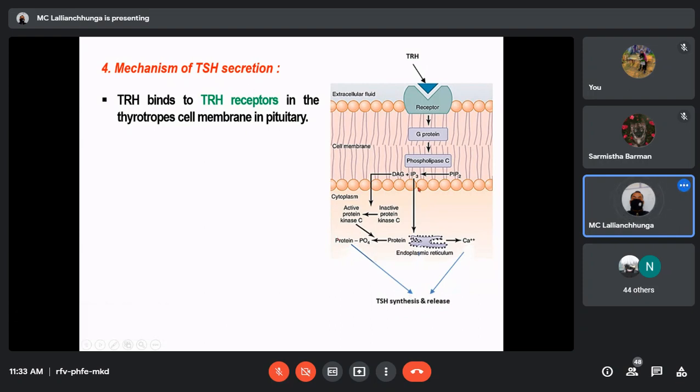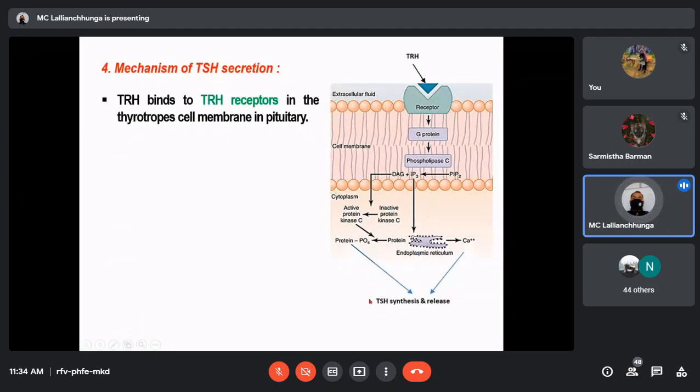Another function of IP3, inositol triphosphate, is that it will lead to a release of calcium from the endoplasmic reticulum. Both the phosphorylation of the enzymes as well as this calcium increase synthesis and release of the TSH.